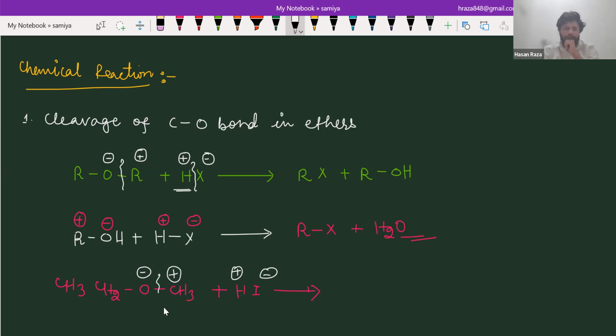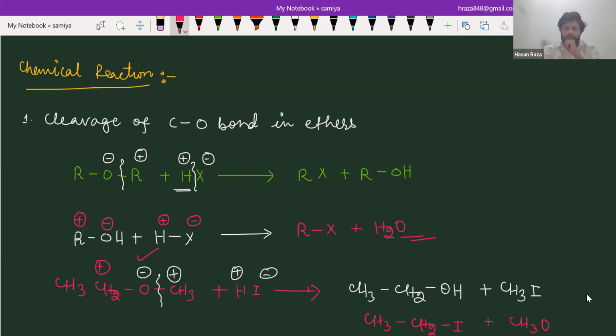Just break it and you will get first alcohol, and then you will get an alkyl halide. Again, you can do this also. There will be positive, there will be negative. Then you will get CH3CH2I. All the products I am writing, and then CH3OH. Please do write it.